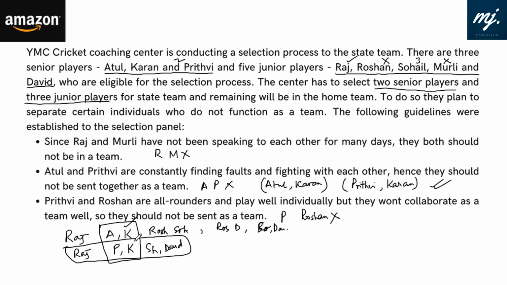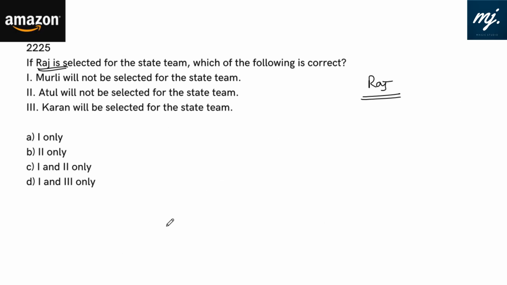But we are sure about this thing, that Karan is 101% there. Karan has to be there. Here we have Roshan, Sohail, Sohail, David, and Roshan, David, it can be anything. But Karan is always there.